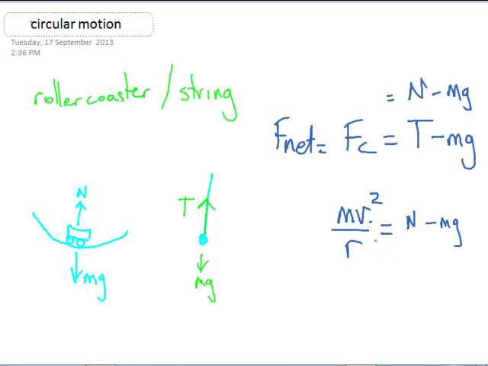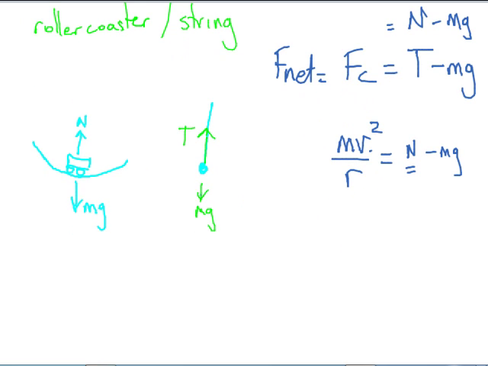Because it's got to overcome the weight force, this much must be greater than the weight force. It always feels like, when you're swinging something in a circle, it's pulling down on your hand much harder at the bottom than at the top, or like you're being squashed down into the bottom of the car at the bottom of the rotation.